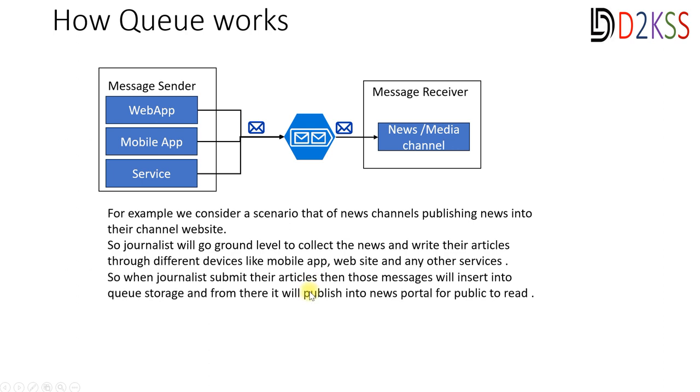When the journalists submit their articles through the different devices, those messages will be stored in the Azure queue. From this queue, we can read the messages submitted by different resources, like different journalists. We can read that and publish it on the portal, so that the public can read that news.